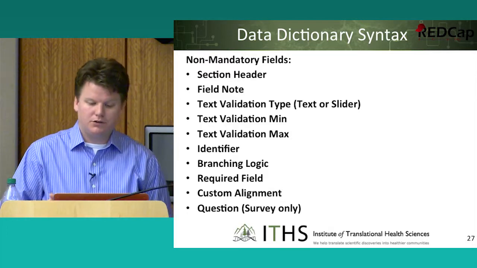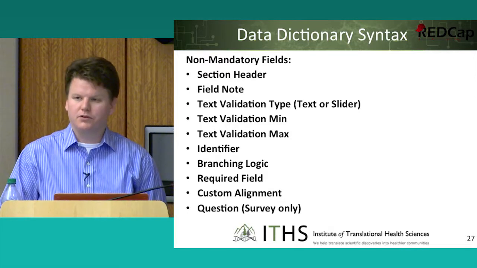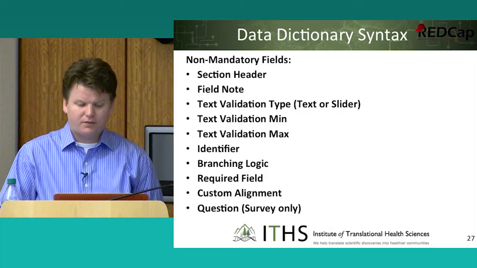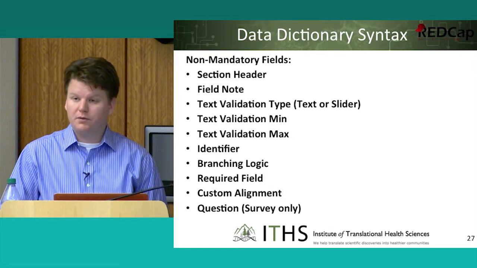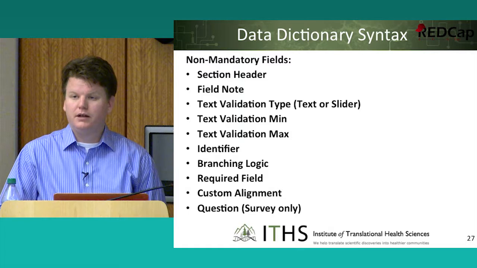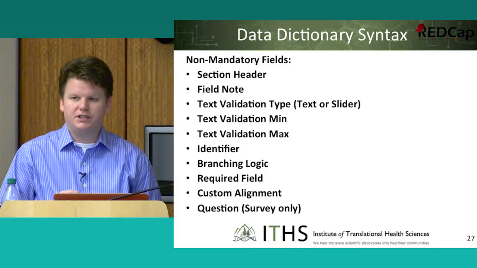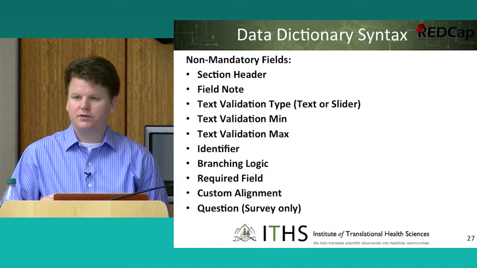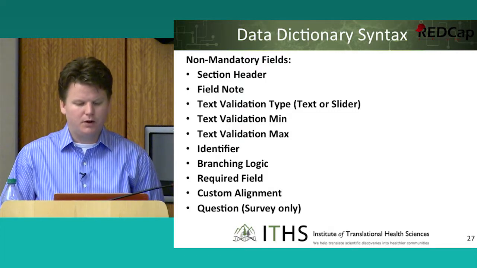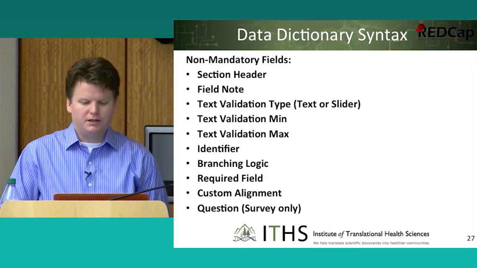If you don't want that, just leave it blank for slider. The text validation types, of course, there's a little bit more of them. Again, the syntax for that is found in the FAQ. Datetime validations are usually date underscore and then the format. For instance, month, day, year, it's MDY, so date underscore MDY. So you can put that in there.